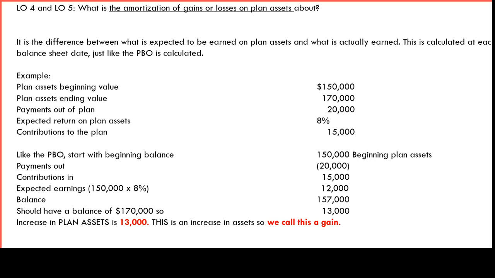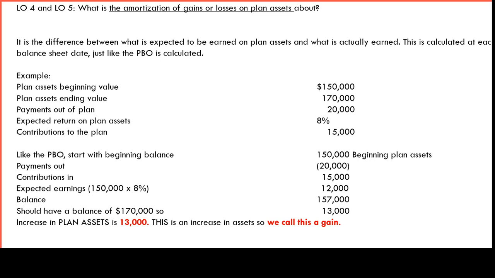So when we work through this problem, if we work through and do a little walk forward, we have a balance of $157,000, but we actually, when we do our fair value and we go out and we look at our investments at the end of the year and we look at our cash, we do a fair value calculation on the investments.